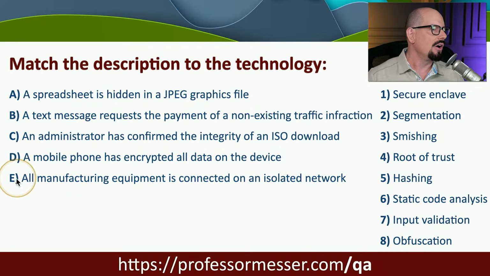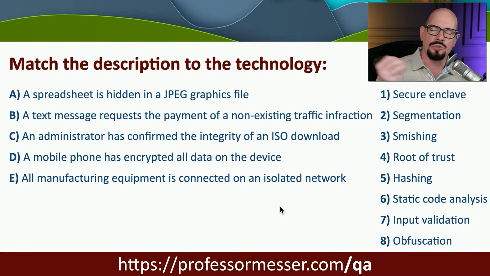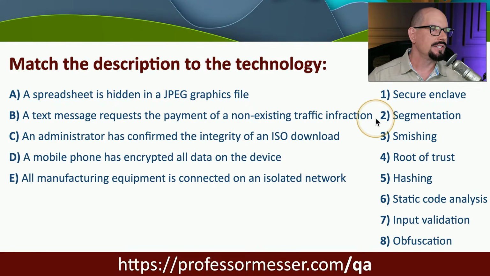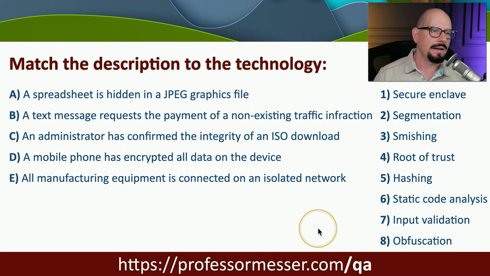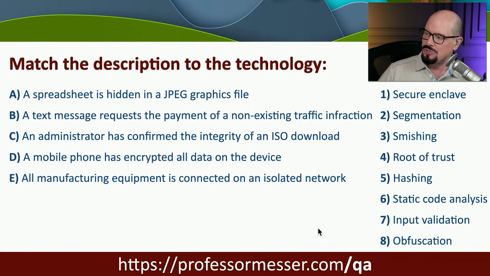And lastly, E, all manufacturing equipment is connected on an isolated network. The technologies that we have describing these are secure enclave, segmentation, smishing, root of trust, hashing, static code analysis, input validation, and obfuscation.